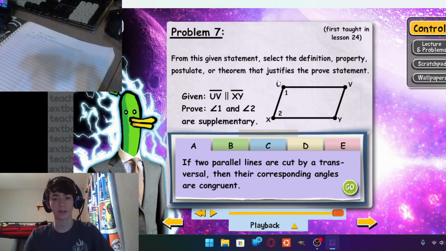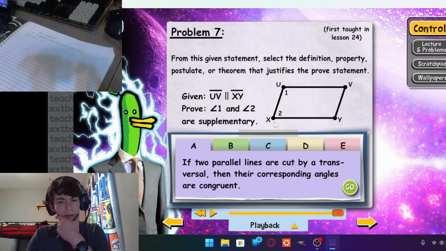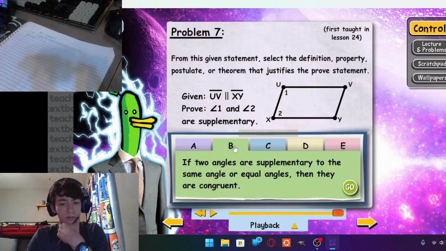Frick, I'm out of copy. Okay. UV and XY. 1 and 2 are supplementary. How do we know that? Those aren't corresponding.